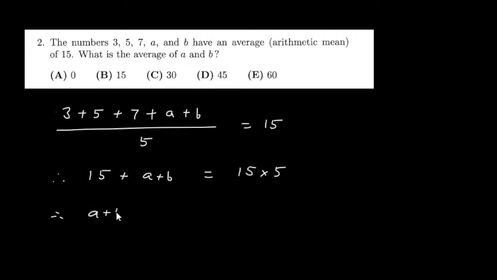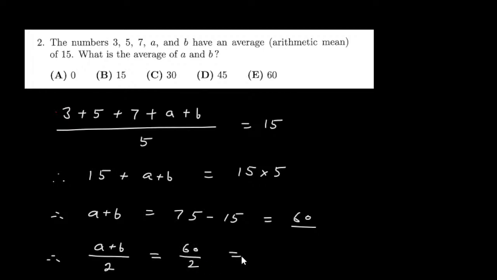So A plus B will be 15 fives are 75 minus 15, which is 60. Okay, so A plus B is 60. Therefore if I have to find the average of A and B, that is A plus B by 2, it is 60 divided by 2, which is 30.